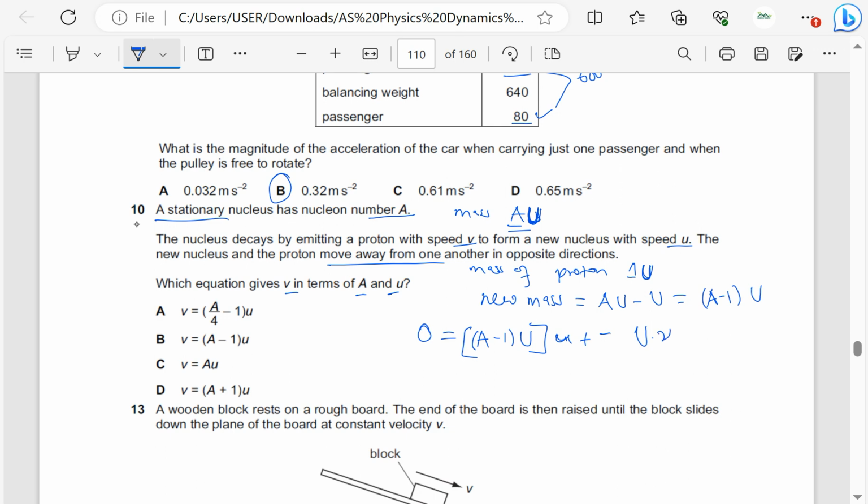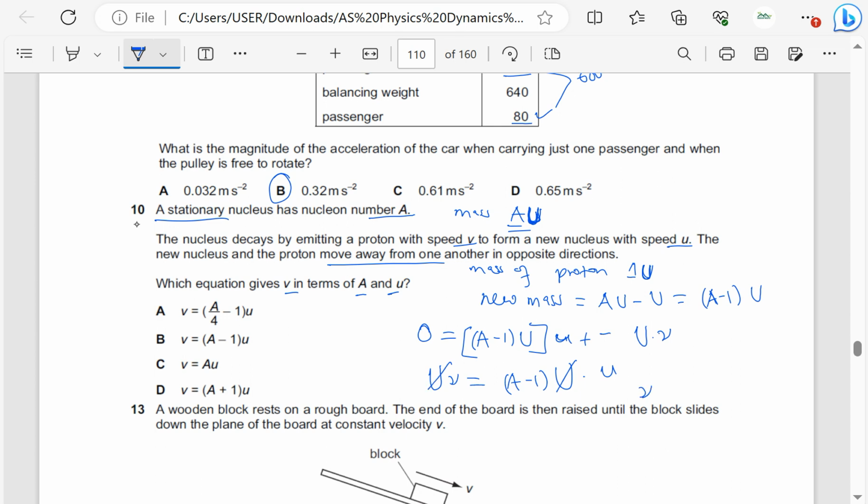So we want to find which equation gives v in terms of, so I make v the subject. So it means u times v is going to be A minus 1 into U, capital U, times small u. So capital U cancels out.